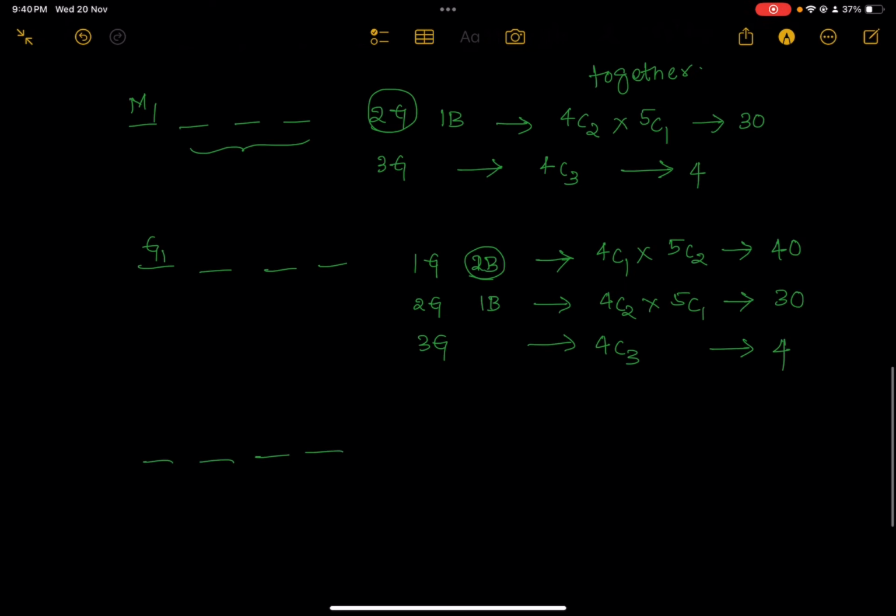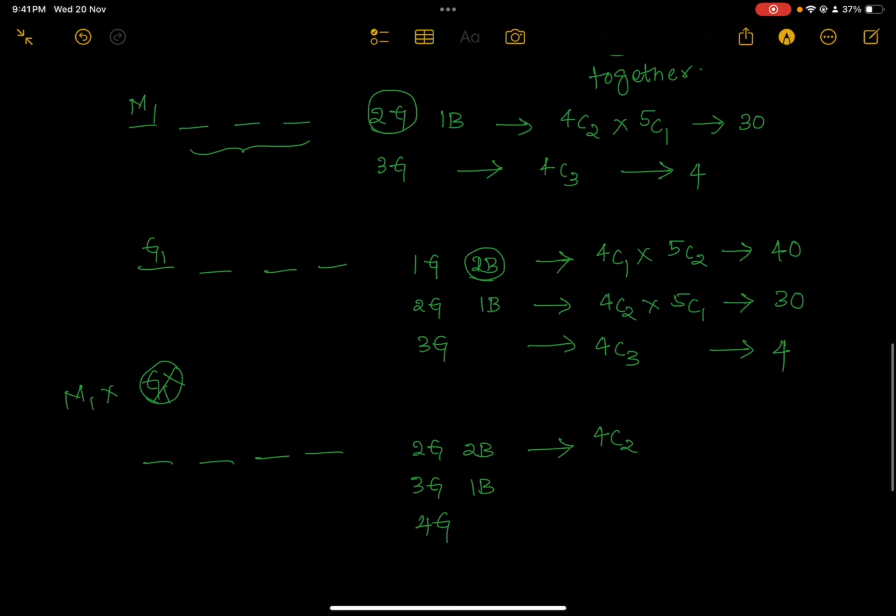Let us say M1 and G1 both are not there. M1 is not there. G1 is also not there. So in that case we can have 2 girls, 2 boys, or 3 girls, 1 boy, or 4 girls. So 2 girls we have to select. Since we should not select G1, we have to select them from 4 girls. 4C2.